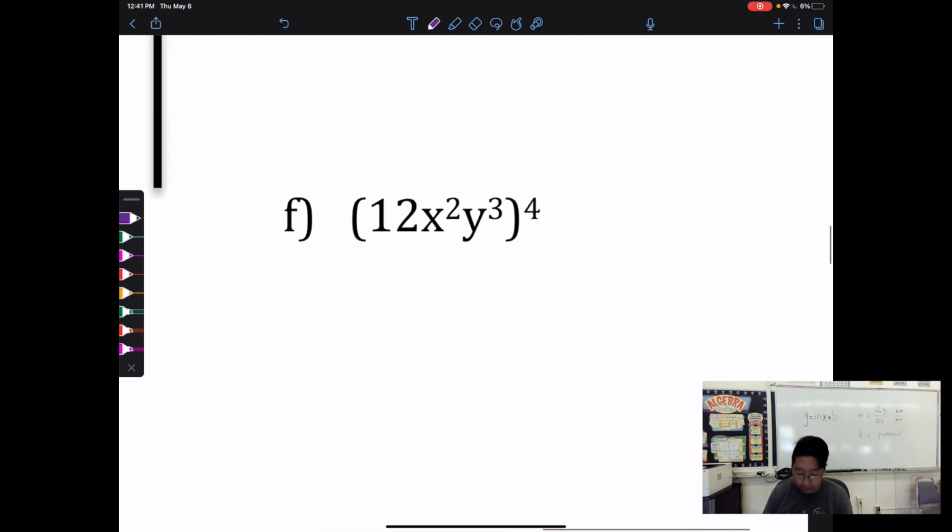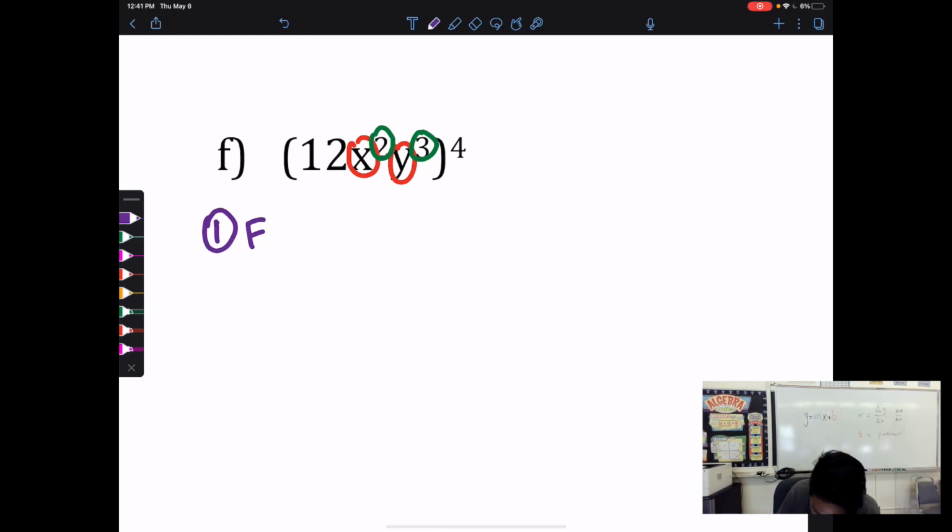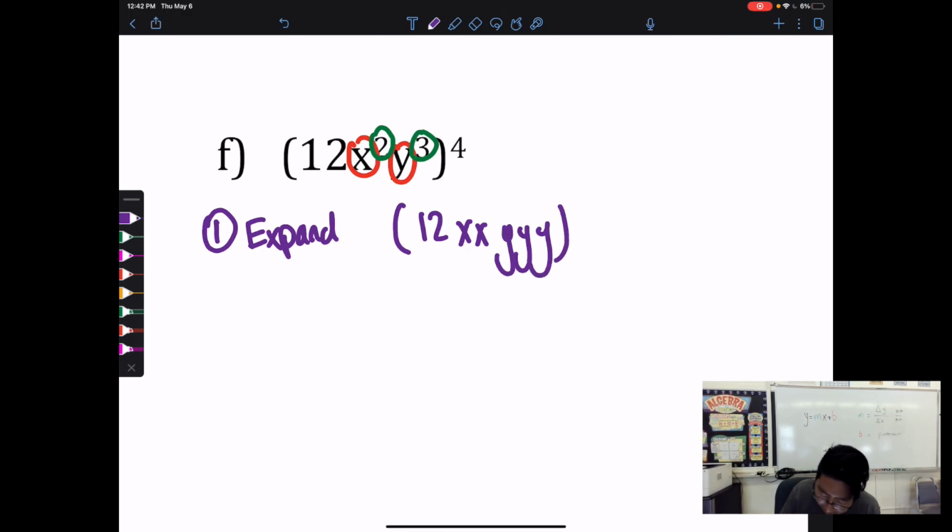Let's go ahead and look at this one. What's our base? We have x and y. X is raised to the second power, y is raised to the third power. So first thing we need to do is expand. So inside the parentheses, we have 12, x, x, y, y, y. And we're going to raise that to the fourth power.